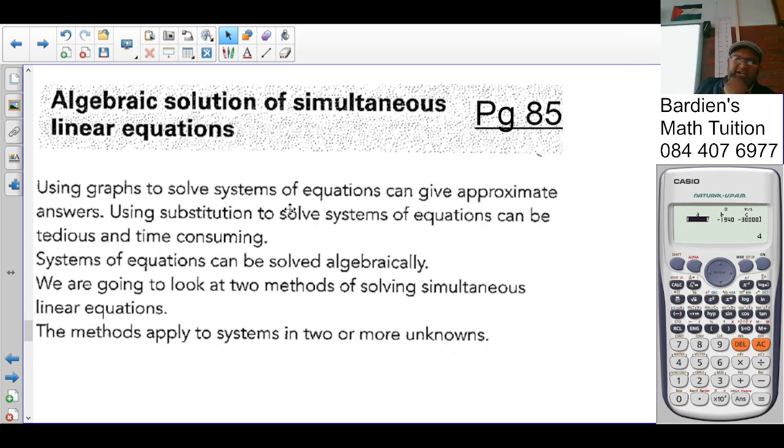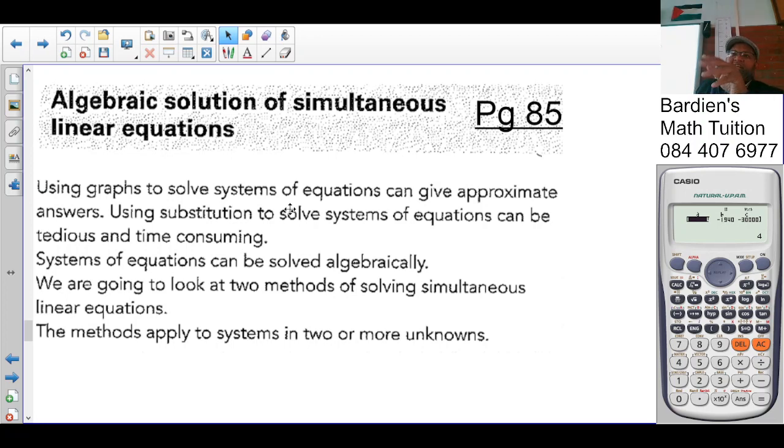Using graphs to solve a system of equations can be tedious and time consuming. Imagine every time they give us equations we must draw the graph and then determine the point at which the graphs intersect.